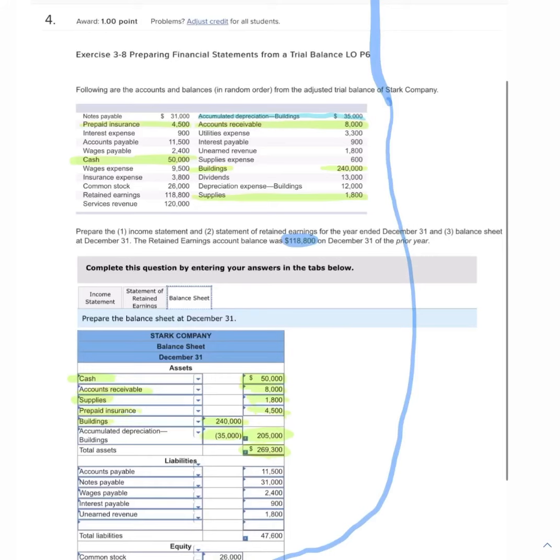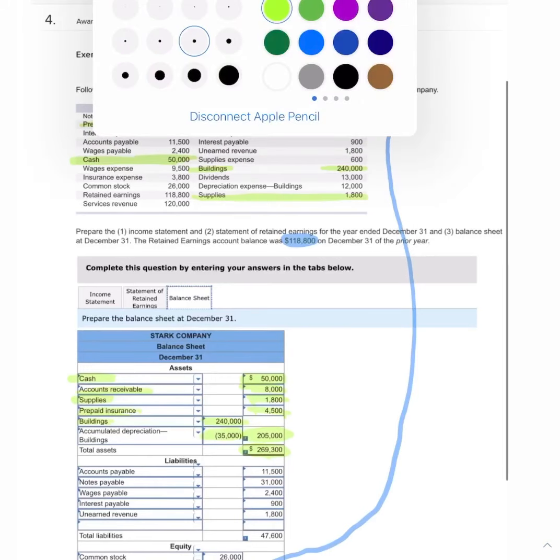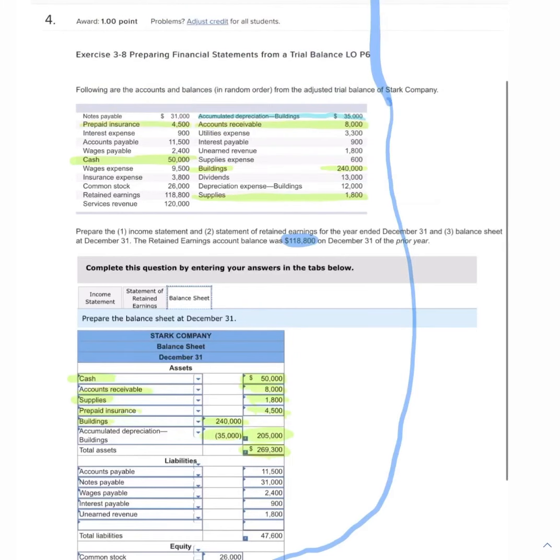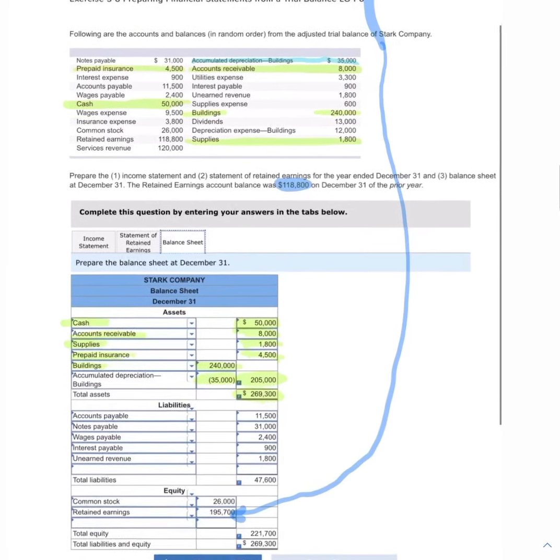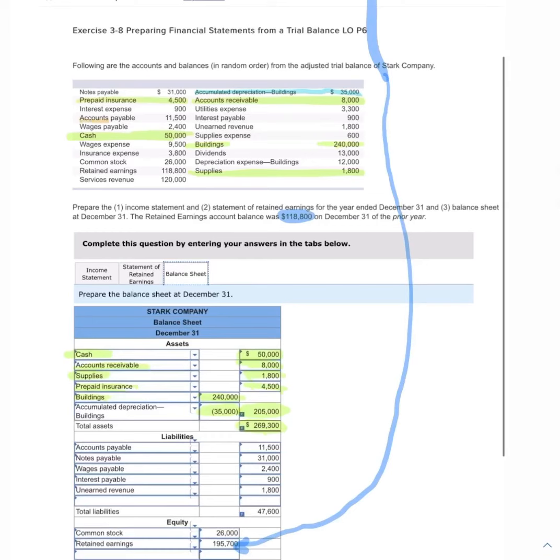Now, the next thing we need to look at is my liabilities. So for my liabilities, once again, going to use this orange color. So I need to find all the liabilities that we have. So I see accounts payable for $11,500. I see notes payable for $31,000.